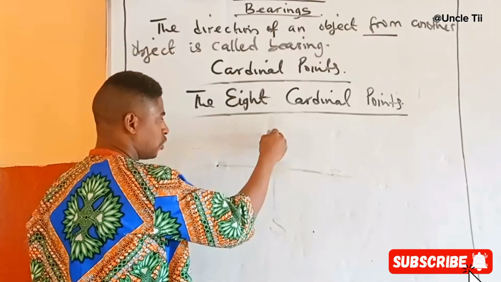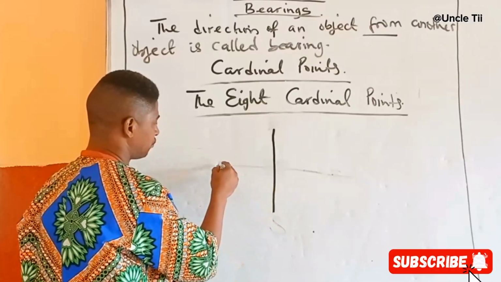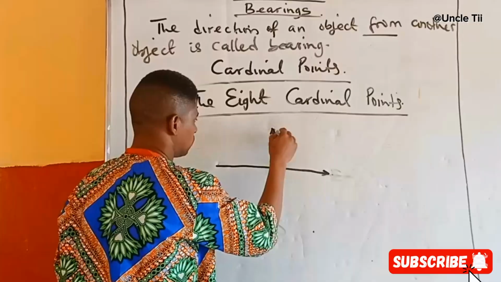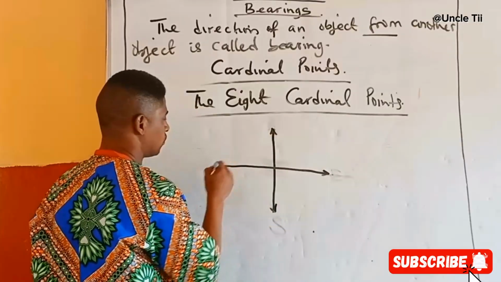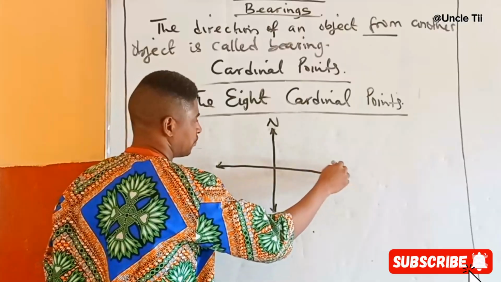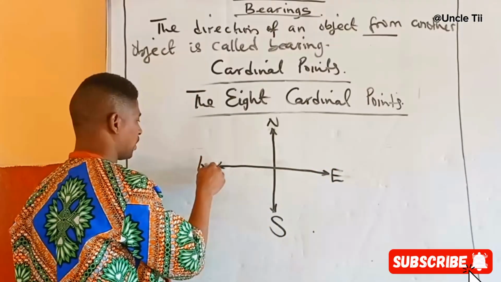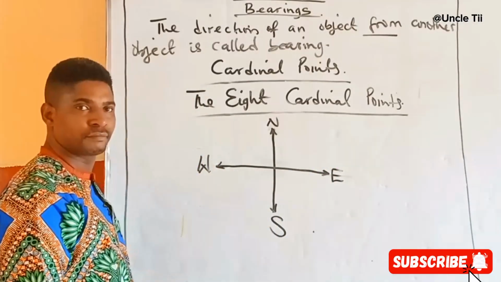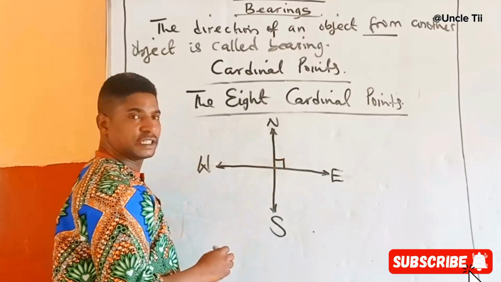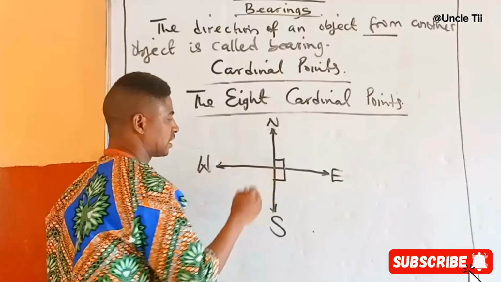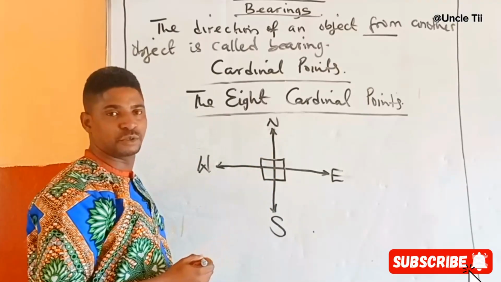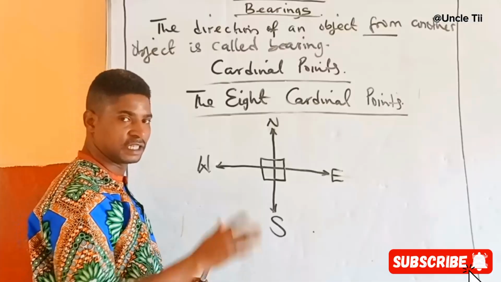So our diagram will look somewhat like this. So our 4 cardinal points: north, south, east, and west. Between the north and the east is 90 degrees, east and south 90 degrees, south and west 90 degrees, and then between the west and the north is 90 degrees.